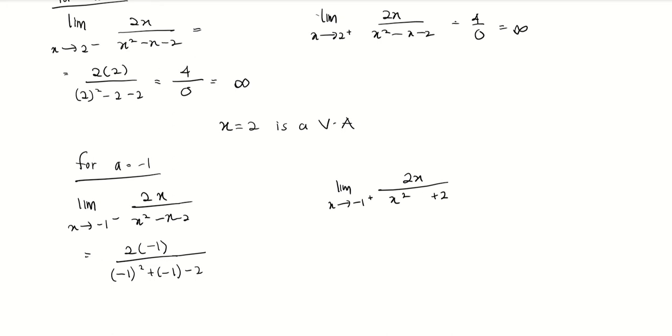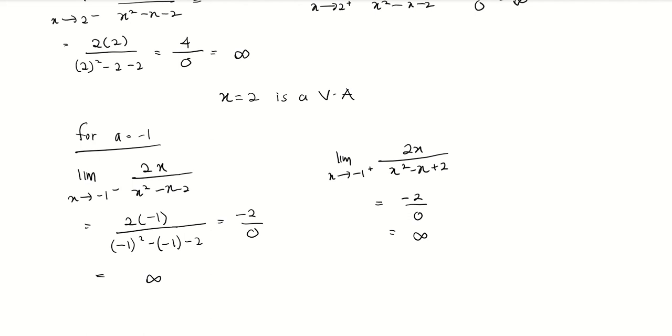I accidentally changed the sign here. So what we get is negative 2 over 0, which is infinity, and on the other side also negative 2 over 0, which is infinity. It doesn't matter whether it is positive or negative infinity. If we have infinity, that means for a equals negative 1, x equals negative 1 is a vertical asymptote.